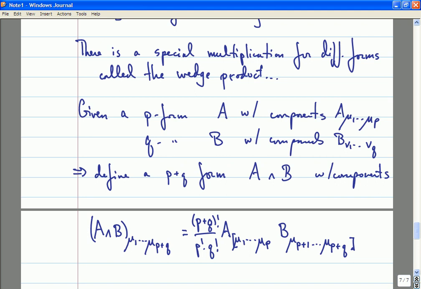So of course you don't need to antisymmetrize over absolutely everything. You only need to do enough antisymmetrization to get an antisymmetric object. This normalization factor out front is just a matter of convention. When you start dealing with differential forms, you'll see just how useful this convention is.